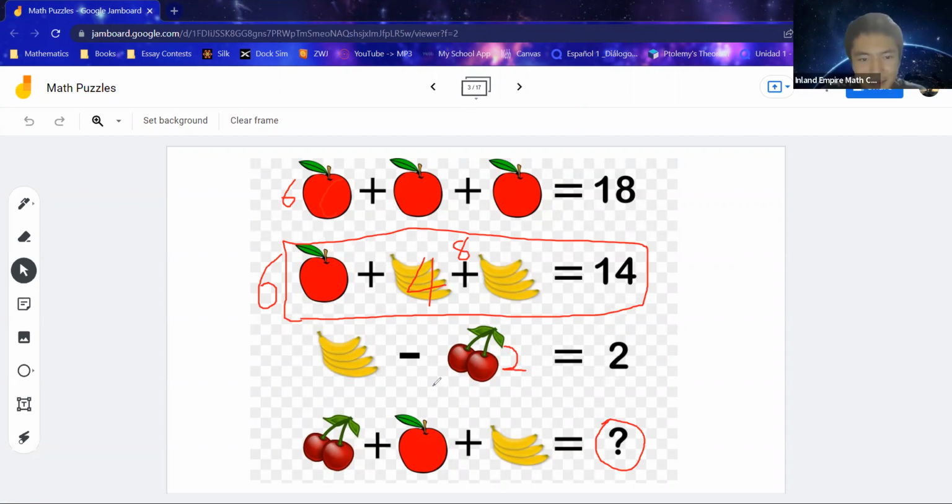Hang on. That's 8. And wait a minute. Why is that 3 bananas and not 4 bananas? Oh, wait. Actually, I did not even realize this. Joyce, you are absolutely correct. Okay, Lloyd, you got the right answer.